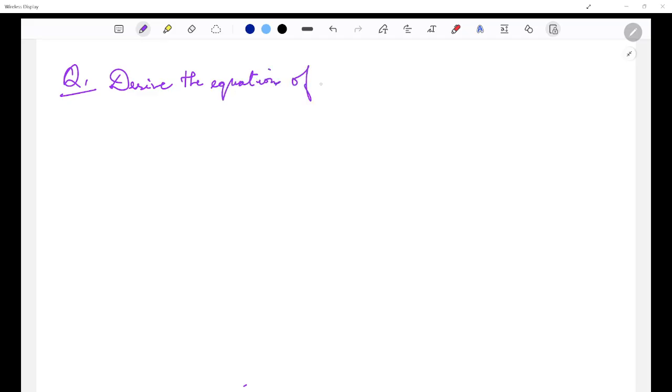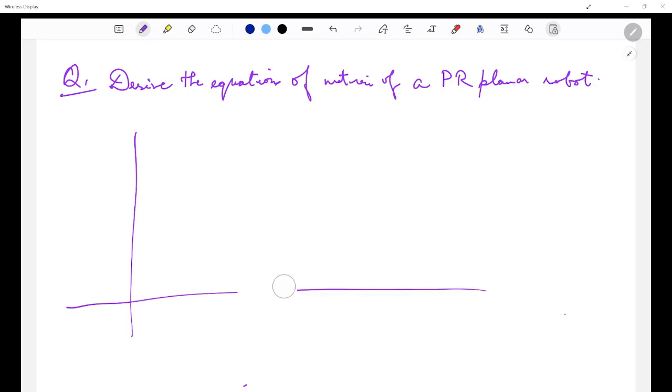Derive the equations of motion of a PR planar robot. The first joint is a prismatic joint and it moves along the x-axis. Let me draw it first, then it would be much clearer. So this is a prismatic joint with mass m1, and it moves along this x-axis.